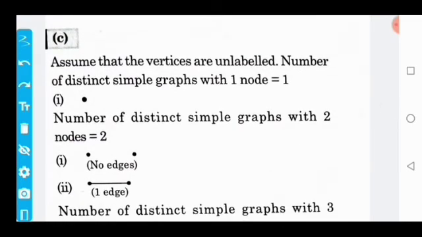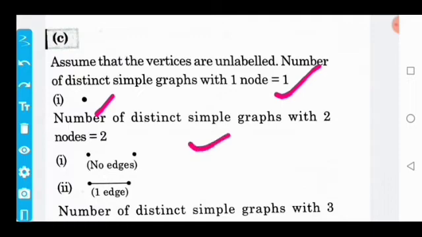But how? We first analyze the solution. Assume that the vertices are unlabeled. The number of distinct simple graphs with one node is 1. That is your only vertex.